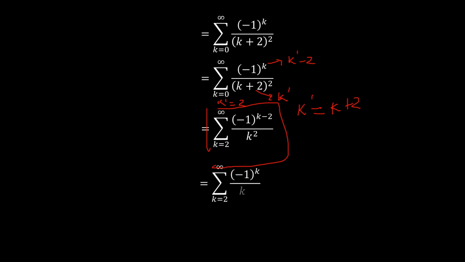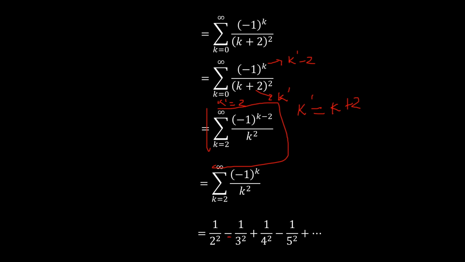Now that's very interesting, because this is the same as negative 1 to the power k over negative 1 to the power 2. Negative 1 to the power 2 is the same as positive 1. So negative 1 to the power k minus 2 is the same as negative 1 to the power k, right? And then we can spell out everything here: 1 over 2 squared when k equals 2, 1 over 3 squared when k equals 3, and because this is now going to be negative 1, there's a negative sign here.